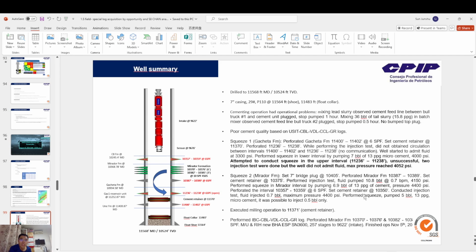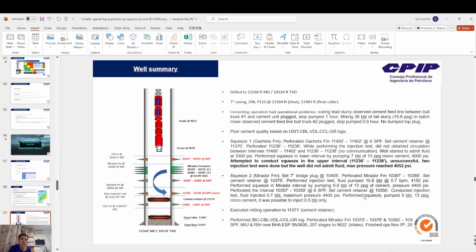Squeeze 1, Gajita formation. Performed Gajita formation at 11,402 at 6 SPF. Set cement retainer at 11,370 feet. Perforated at 11,236 feet to 11,238 feet.